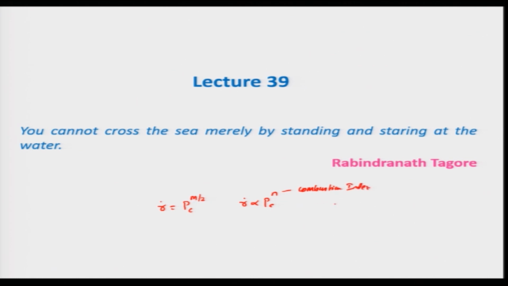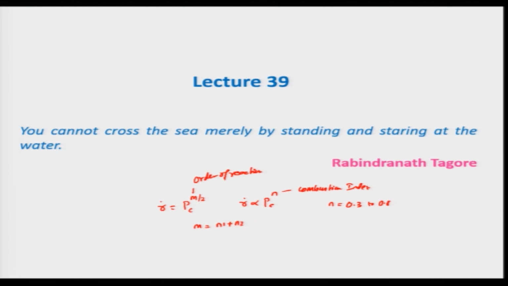This n varies basically from around 0.3 to 0.8, and this is known as the order of reactions. Keep in mind that m is generally n 1 plus n 2, as we have already seen.